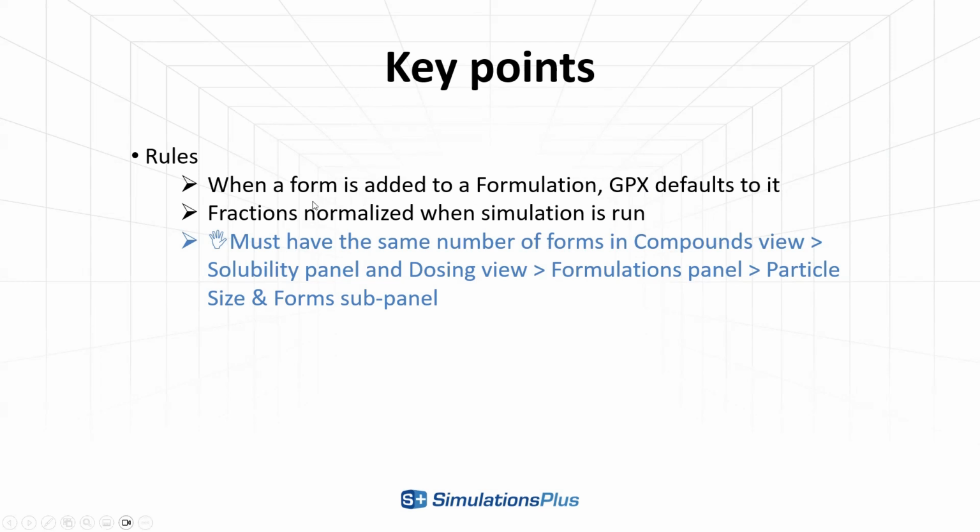One very important point, and I highlighted it in the presentation, is that you must have the same number of forms in the compound view and in the dosing view. If you don't, you will get a critical warning in the message center. The message is very clear, and you will be able just to add your form probably into your dosing view.